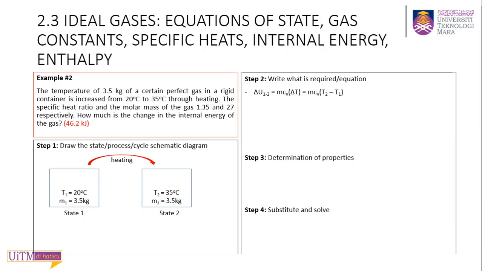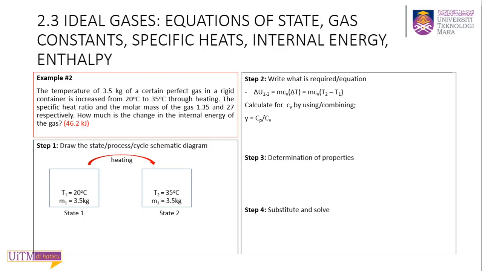But when we look at the values, the name of the gas is not given, so therefore we have to calculate the value for Cv. We cannot use the table to read the value for Cv. So how do we calculate it?